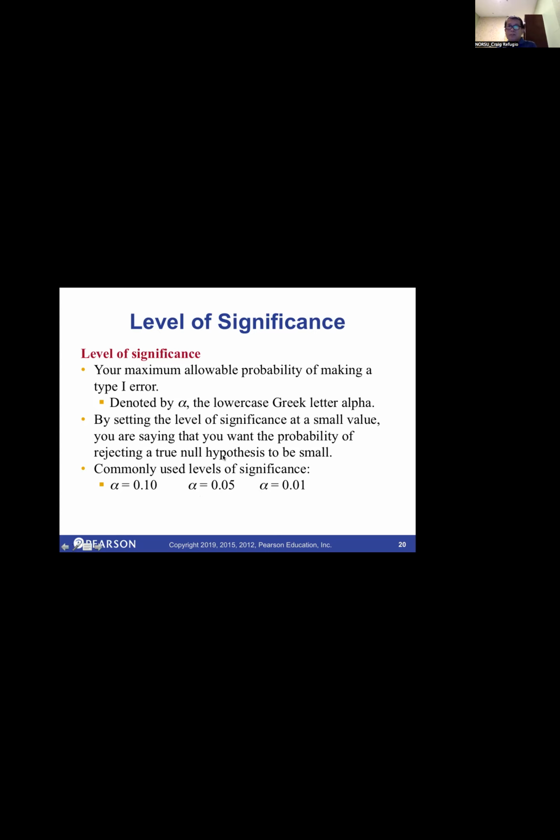But in the social sciences, like in education, the common significance level is alpha 0.05. So if you review theses and dissertations in the social sciences or in education, the common value of alpha is 0.05.